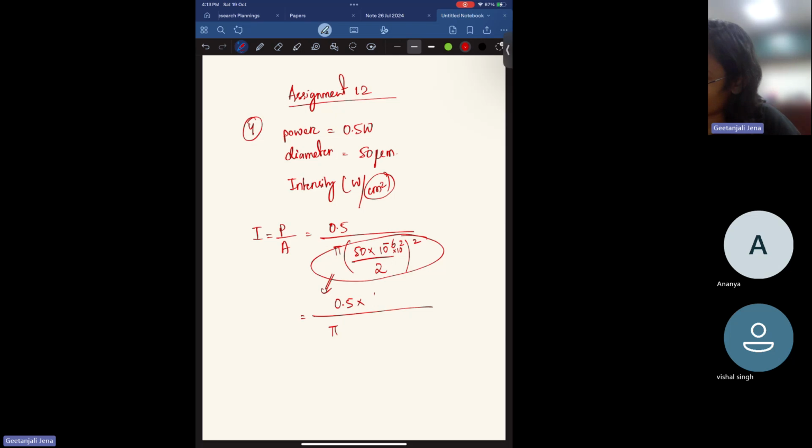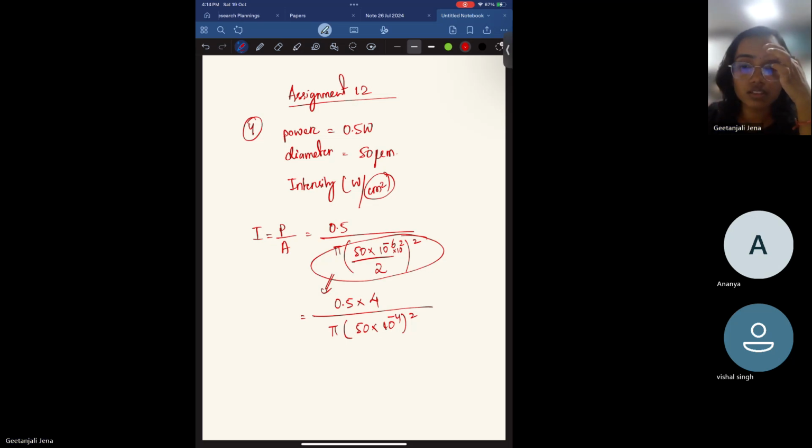Pi into 4. So this is 50 into 10 to the power minus 2, squared. Let me calculate the whole.